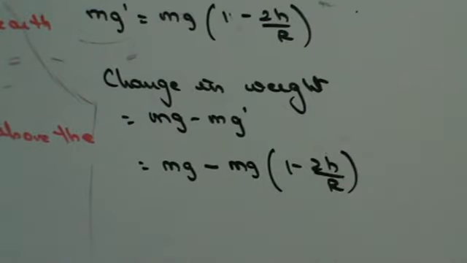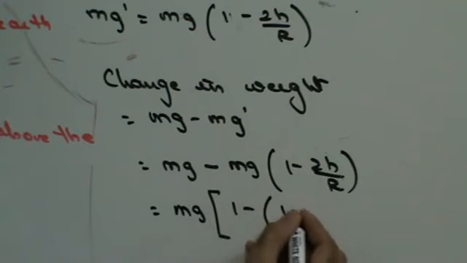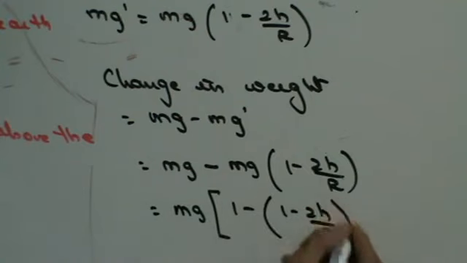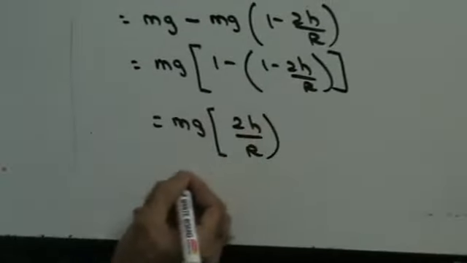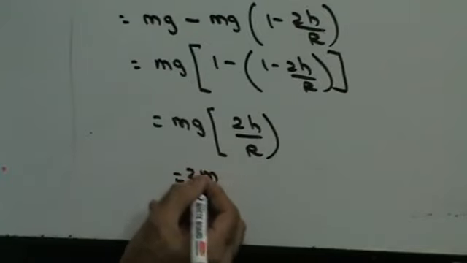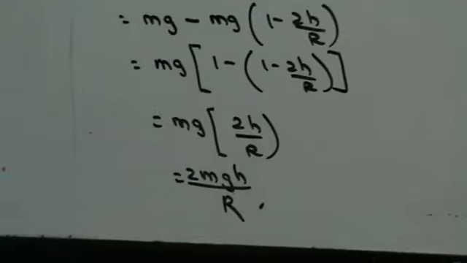Right? So my change in weight is going to be nothing but mg into 1 minus 1 plus 2h by r. So this is going to be mg into 2h by r, which is nothing but 2mgh by r, and that's what you're doing. Right? Take our next one please.